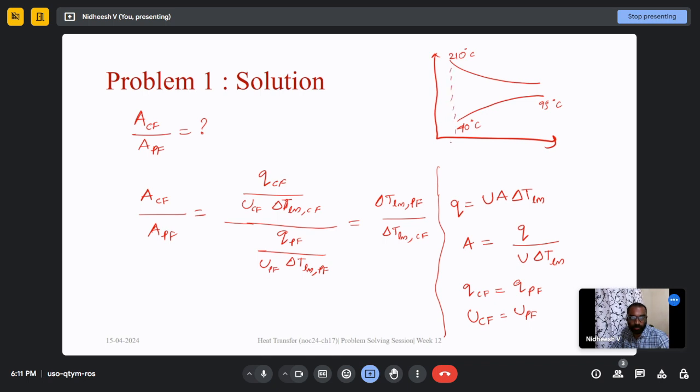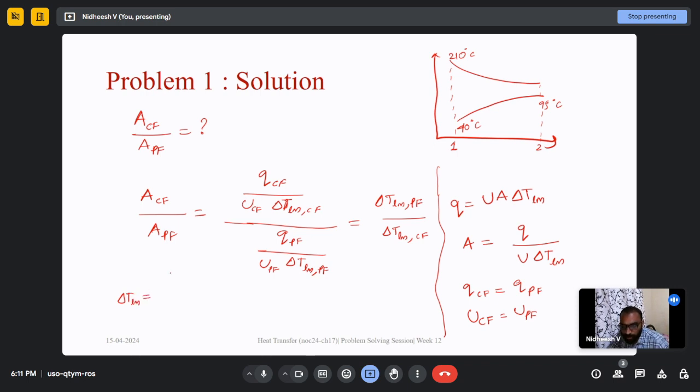Now the problem reduces to finding the ratio of these log mean temperature differences. Say I'm calling these 1 at the inlet and 2 at the outlet. Then how can we define the log mean temperature difference?